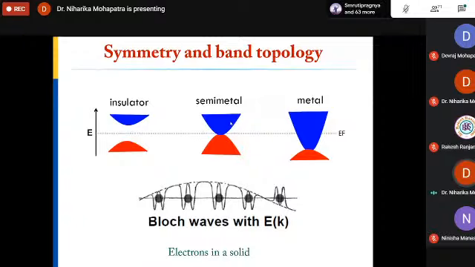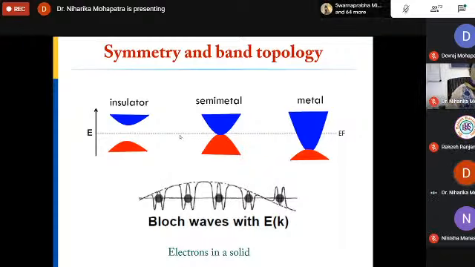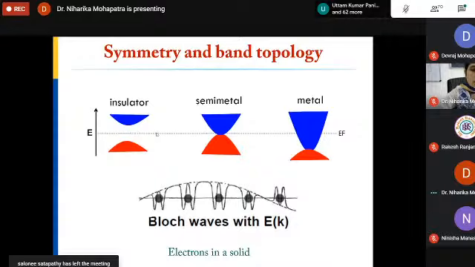Very minute overlapping or just touching of the bands you call a semi-metal. When a gap arises, you call it an insulator. If the gap is small, you call it a semiconductor, because by providing thermal energy, you can have some electronic states at the Fermi energy, and you can have conductivity. This is the typical picture.